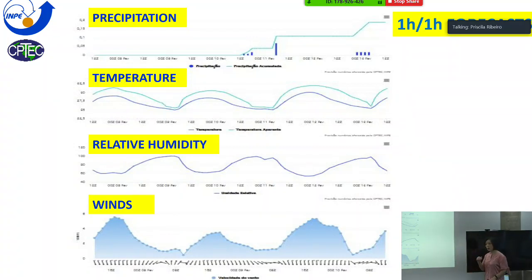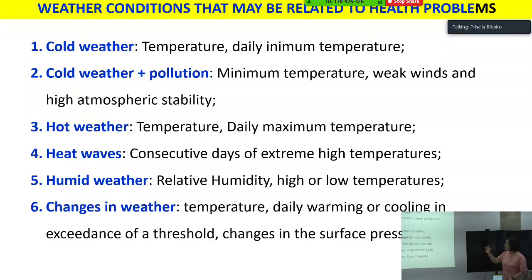So you can try to correlate those moments with the disease. I listed some weather conditions that may have an impact. It's just brainstorming from someone who doesn't know about health issues. I was thinking, cold weather: if there's some disease caused by cold weather, maybe you need information on temperature or daily minimum temperature.